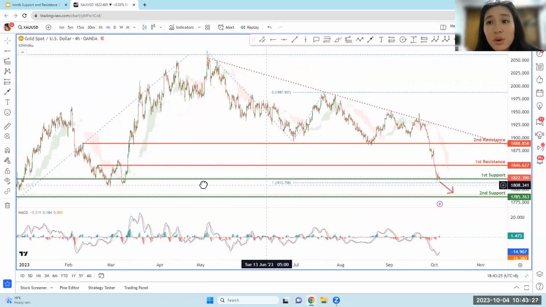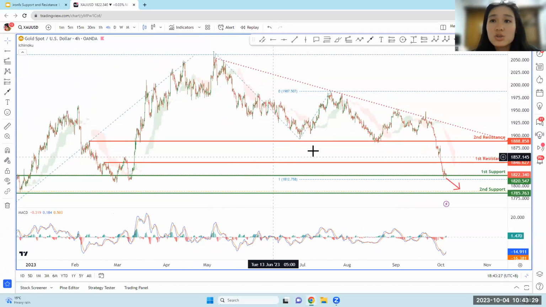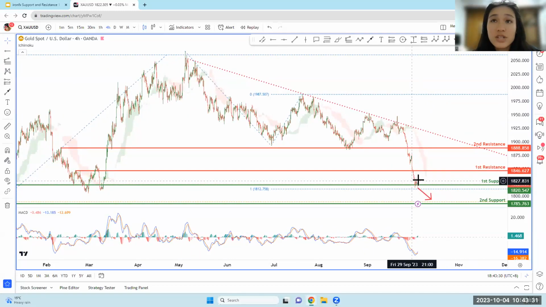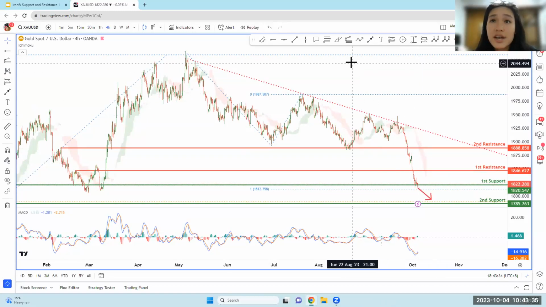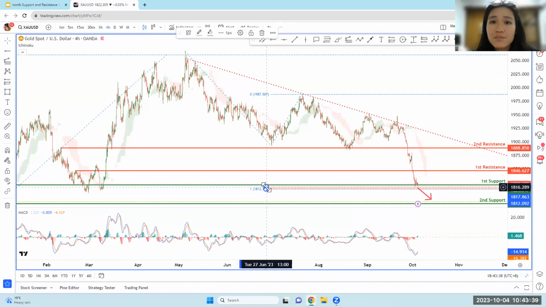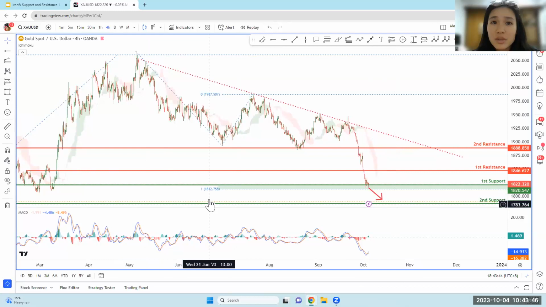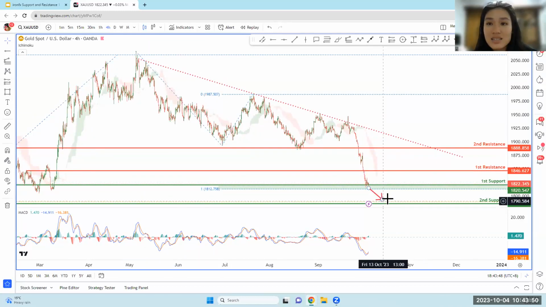So it's an overlap support, and we can expect price to come back and retest this level, which it is doing now, as you can see. And on top of that, we also have this 100% Fibonacci projection. Okay, that has not been surpassed yet.